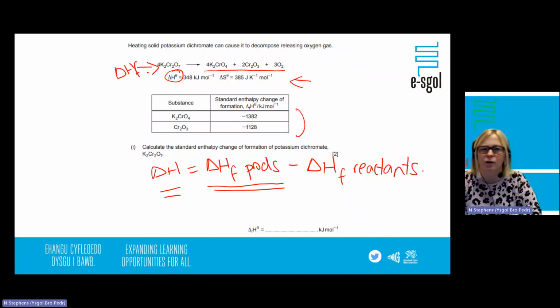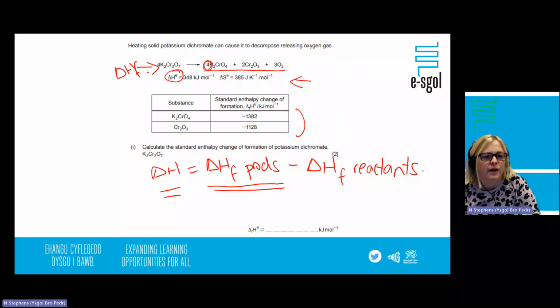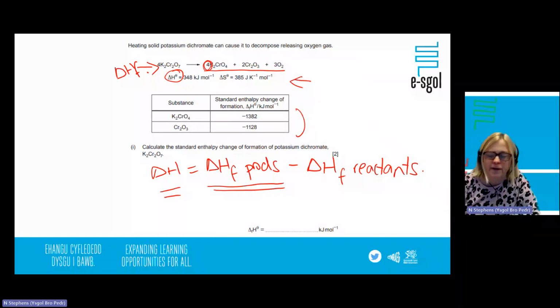The only loophole, and the type of trap I would envisage that you might fall into, is that my own pupils included sometimes forget to include the stoichiometric ratio. So you must, for example, multiply 1,382 by 4 and the Cr2O3 by 2. So don't forget to include them.